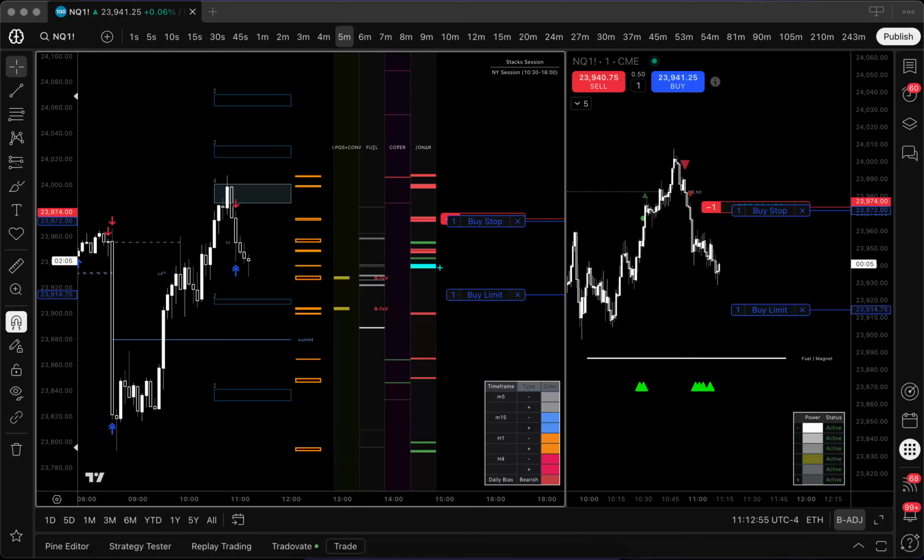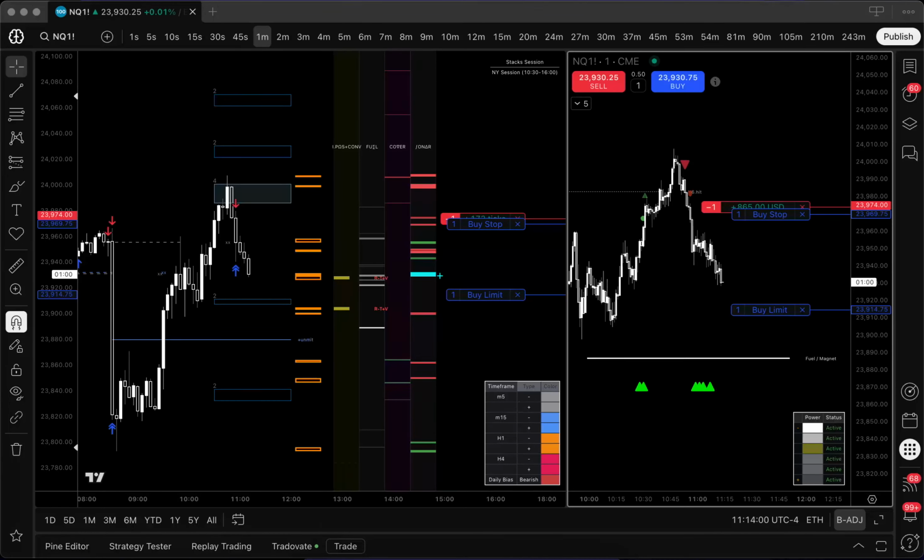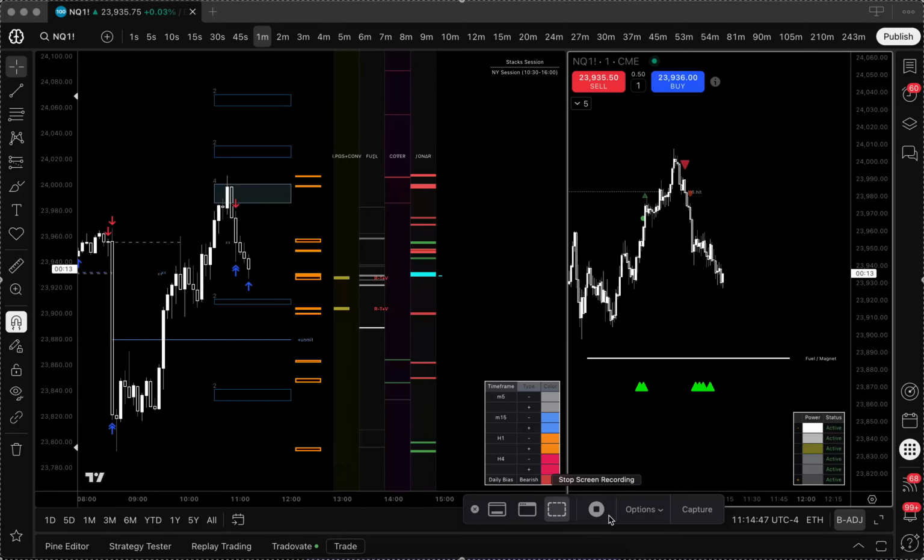So there's 100% more imbalance on the buy side than there is compared to the selling, right? And there we are. We took full profit at the cluster there with that imbalance forming.